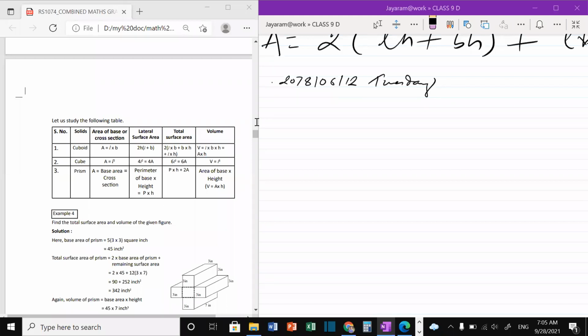Now, if there is one cuboid, let's draw one cuboid here. It's easier to draw cuboid in this way.